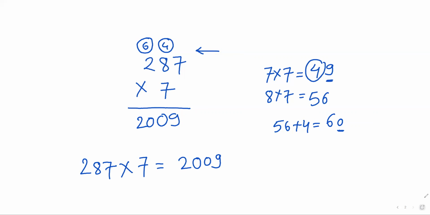Let's take one more example. Consider the number 985 and multiply it by 6. Now how will we do it?